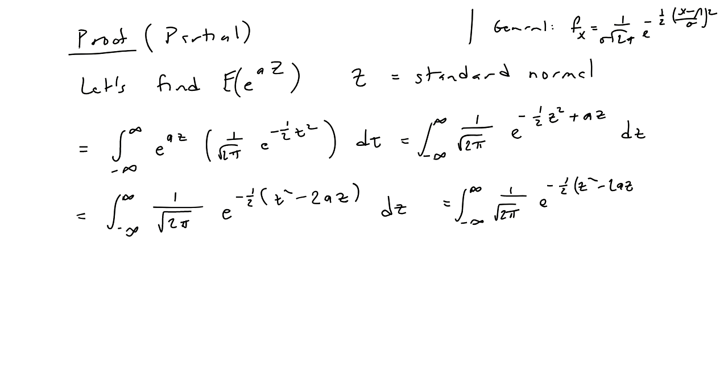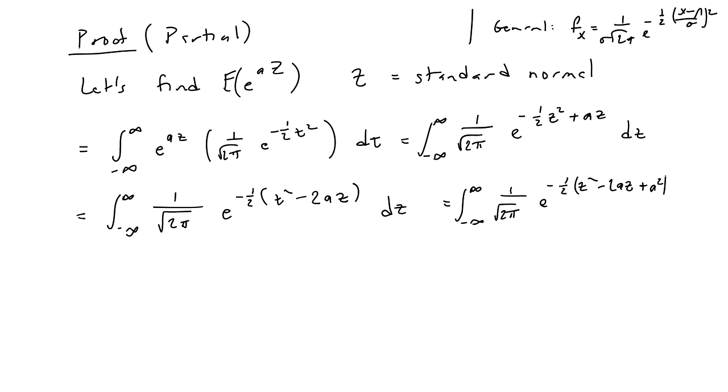And remember that to complete the square, what we do is we want to add the middle coefficient divided by 2, squared. So the middle coefficient is negative 2a. So therefore, we're going to add 2a divided by 2 squared. But of course, I can't just add it.